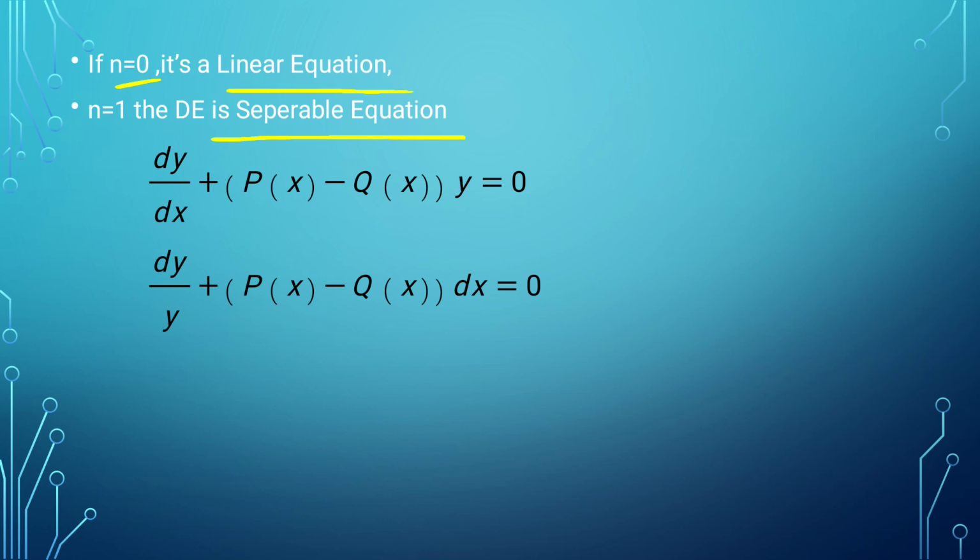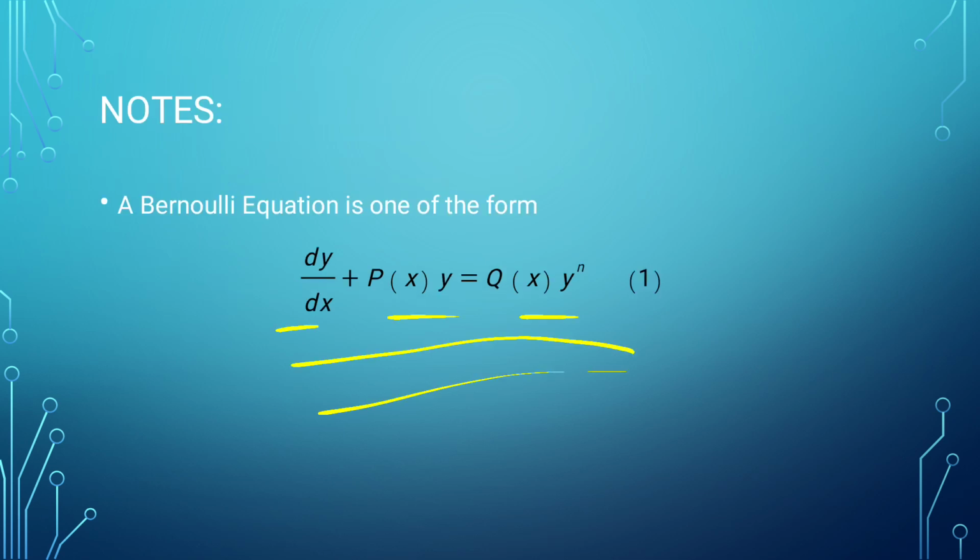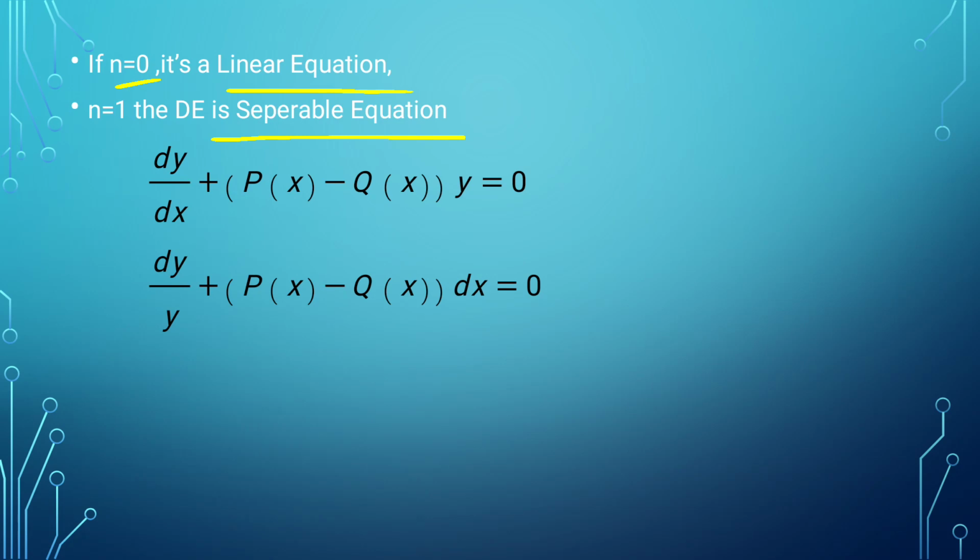N is equal to 1, we have a y here. Then rearranging, you find this equation here is separable, a separable DE. We know how to solve separable DEs from my previous tutorials. If you have not checked on that, kindly look at the link above and also check on that.